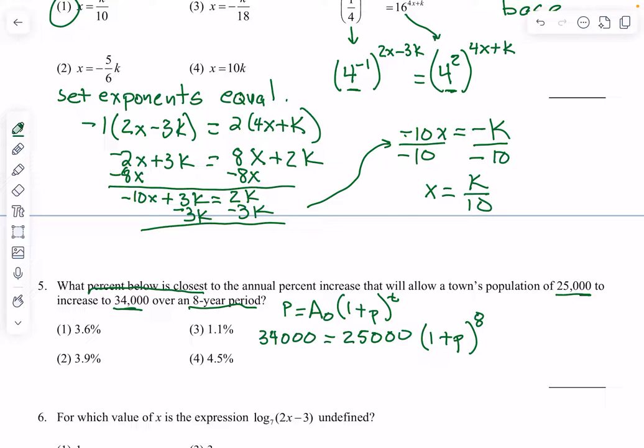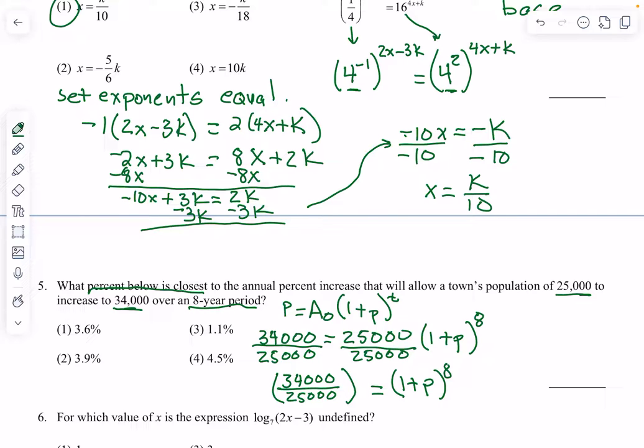Okay, so we're going to isolate this 1 plus P. We're going to divide by 25,000. So 34,000 divided by 25,000 is equal to 1 plus P to the 8th power.